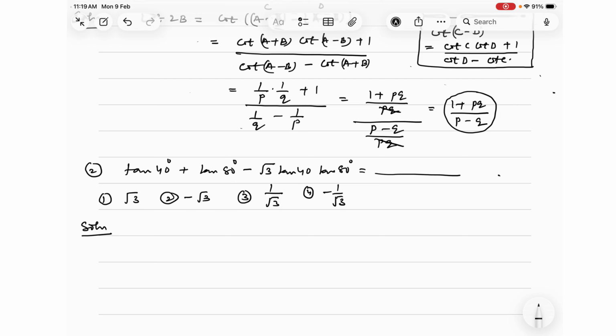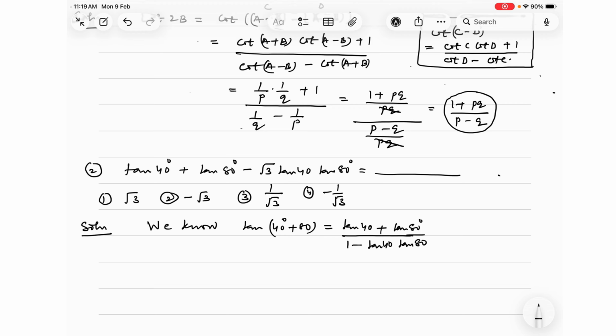Now how to solve this? Now we know tan(40+80). It is something like tan(A+B). Tan of (40+80) is (tan 40 + tan 80)/(1 − tan 40 tan 80).